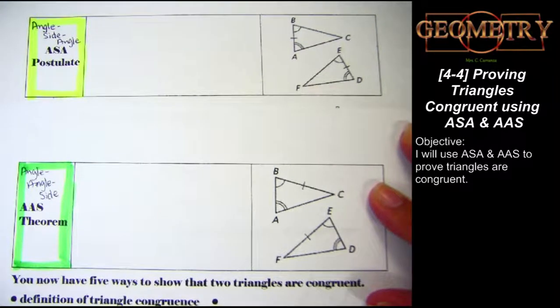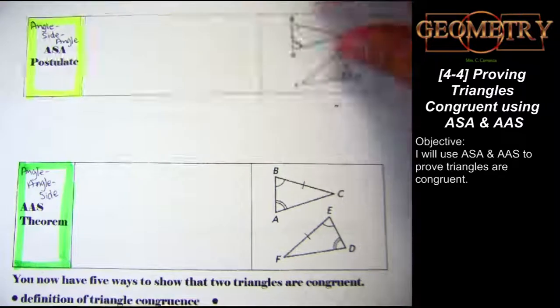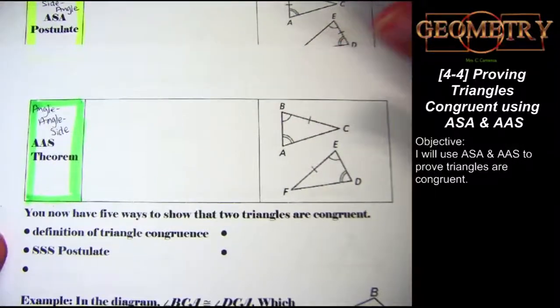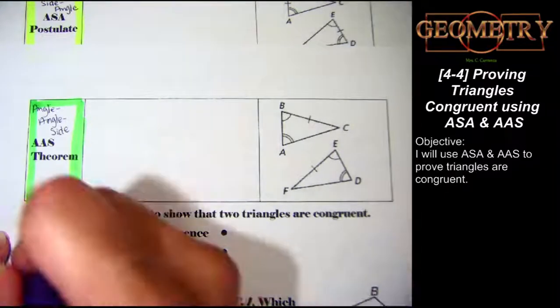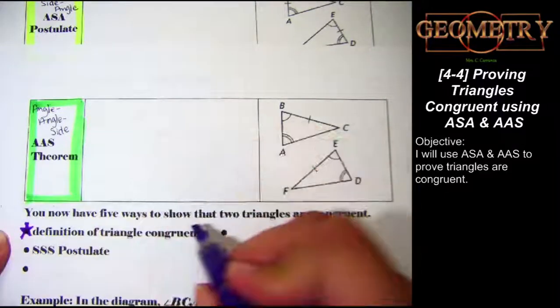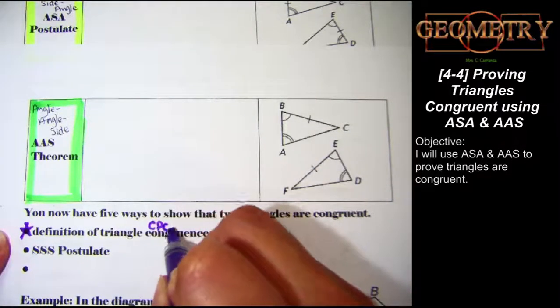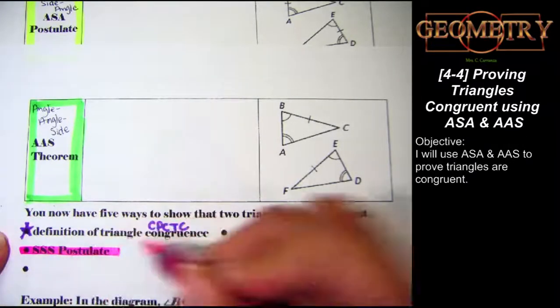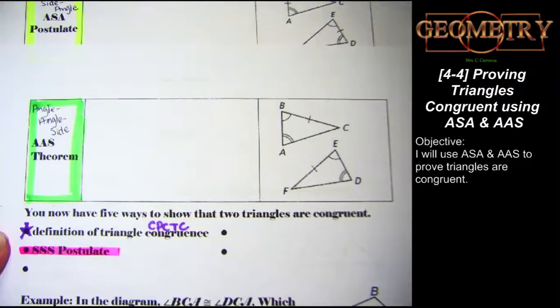All right, so now we have 5 different ways to prove that triangles are congruent. You can use the actual definition of triangle congruence, or CPCTC, corresponding parts of congruent triangles are congruent. You can also use SSS, which stood for side, side, side.